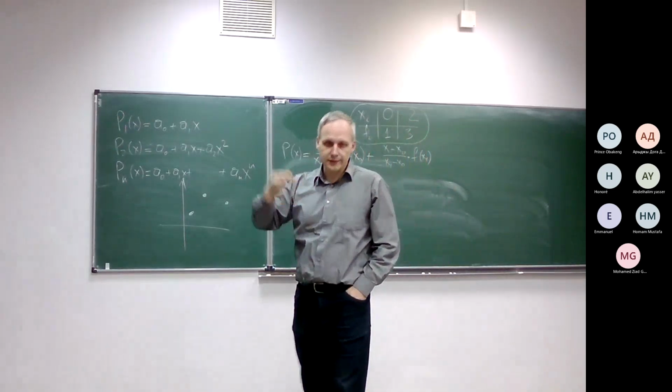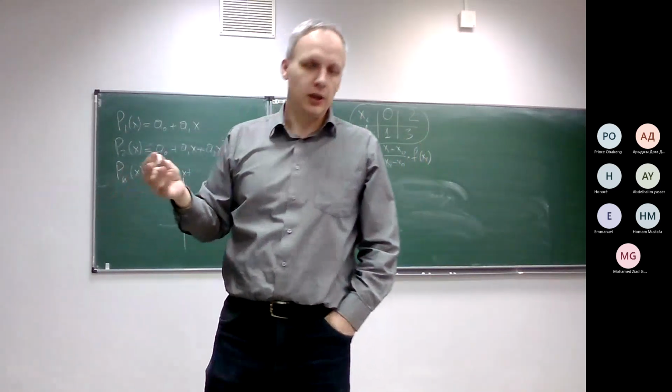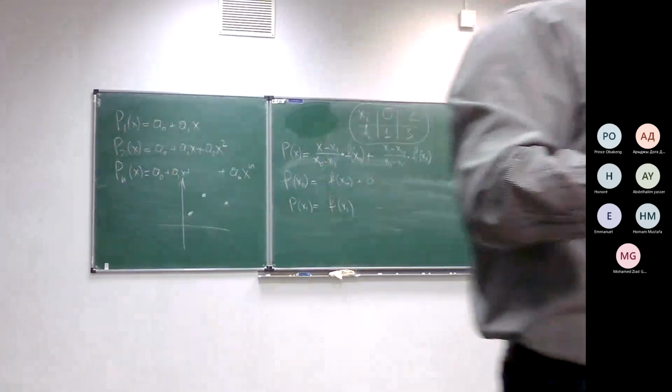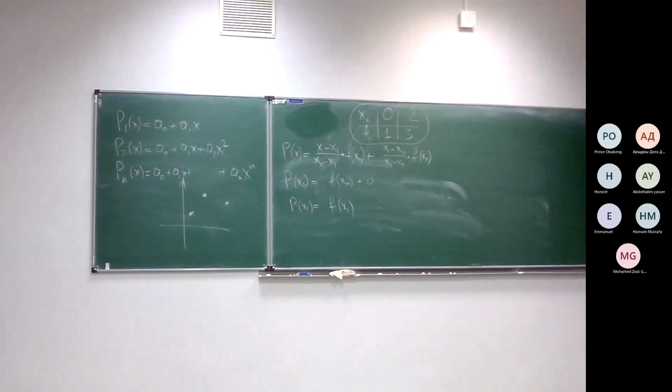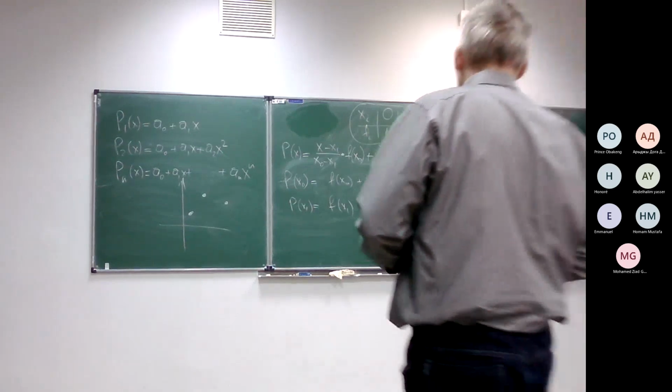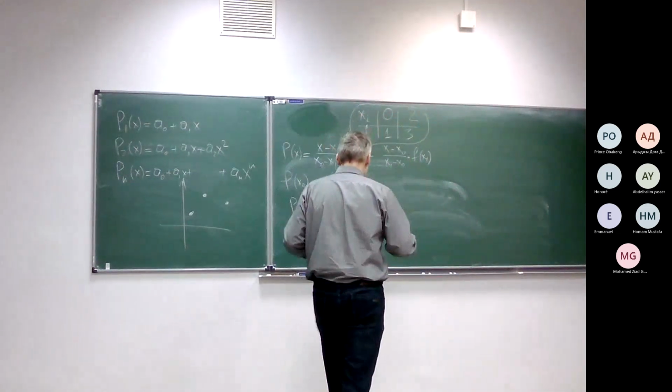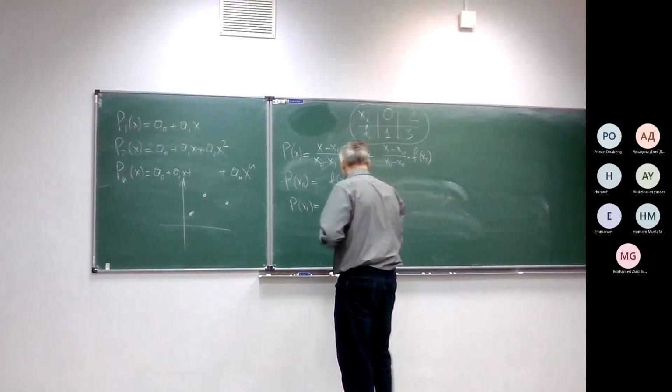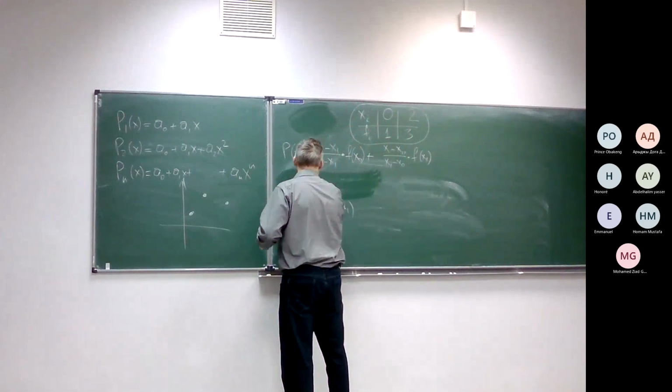We have two points, 0 and 2, and the function value x plus 1. The solution to this problem is x plus 1.